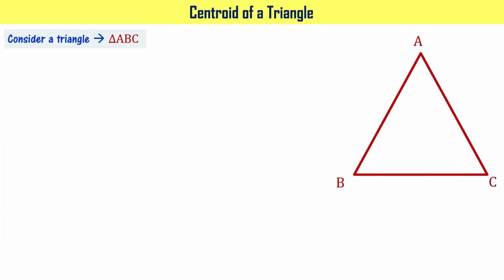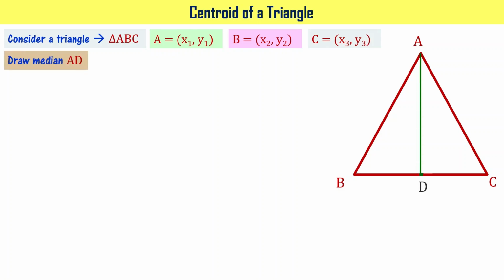Let us consider a triangle ABC as shown here. I'm denoting A as x1 comma y1, B as x2 comma y2, and C as x3 comma y3. Let's draw median AD, where D is the midpoint of BC. Since D is the midpoint of BC, I can use the midpoint formula, right?